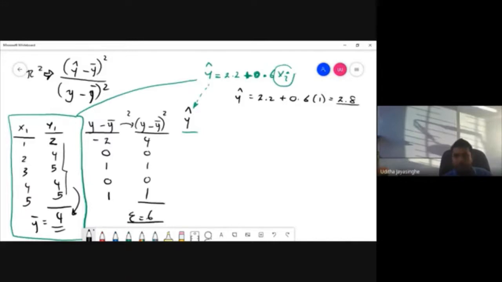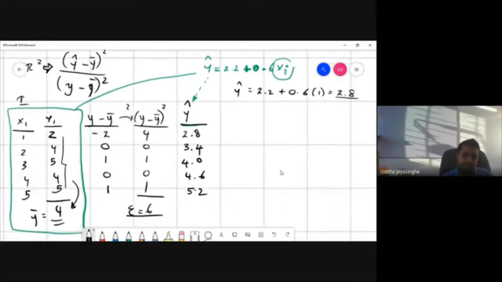Now similarly, students, I can use this equation, substitute the xi values with the values in our first column and get the y hat values. Straightforwardly applying the numbers, this is 2.8, this is going to be 3.4, this is going to be 4.0, 4.6, and 5.2. Do the math on your own and try to see whether you are getting the same numbers.